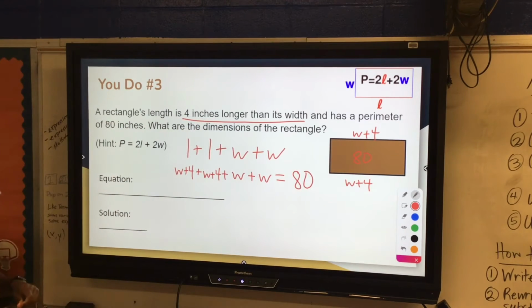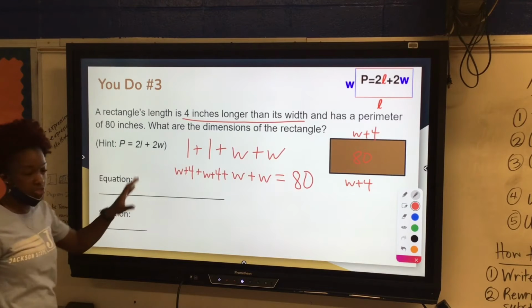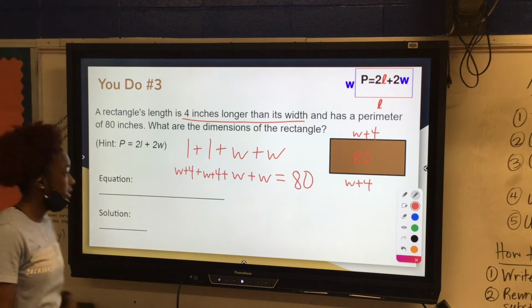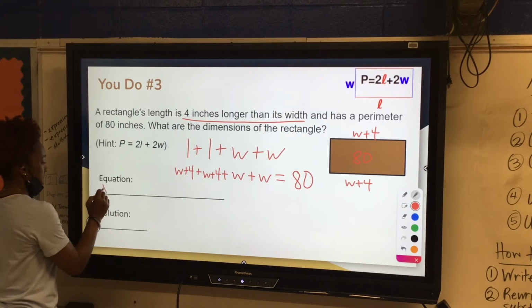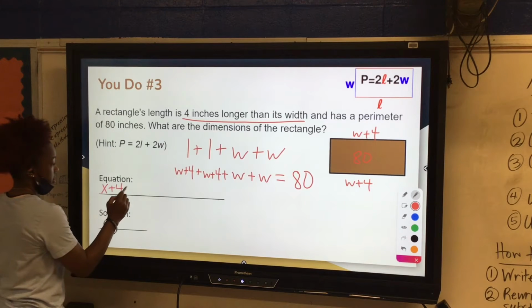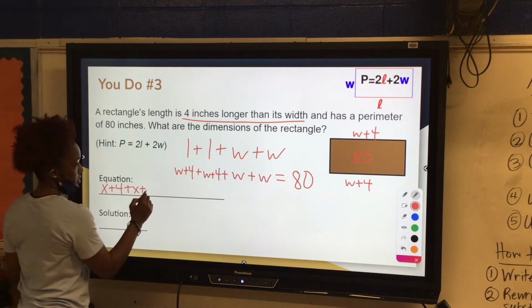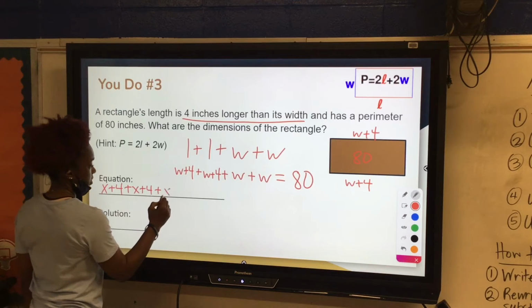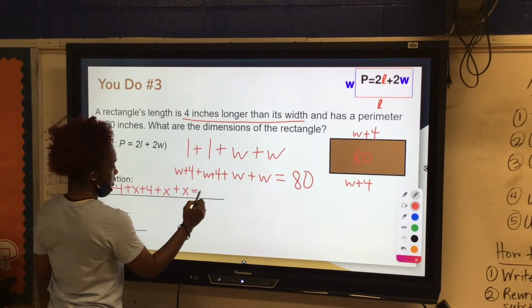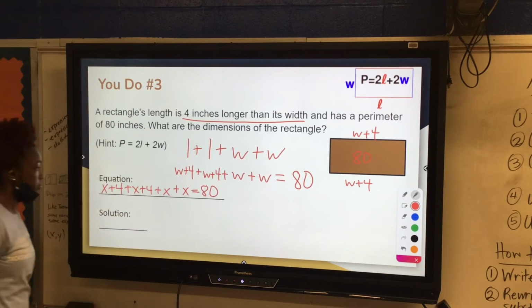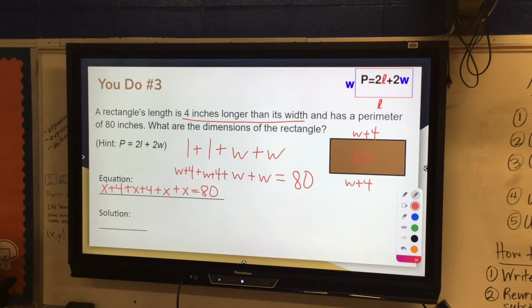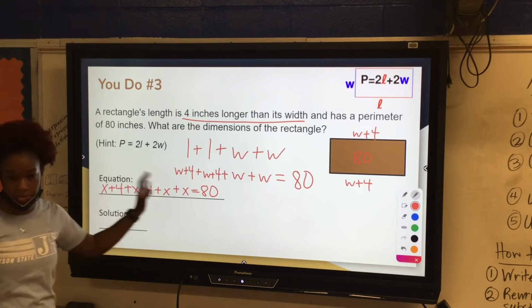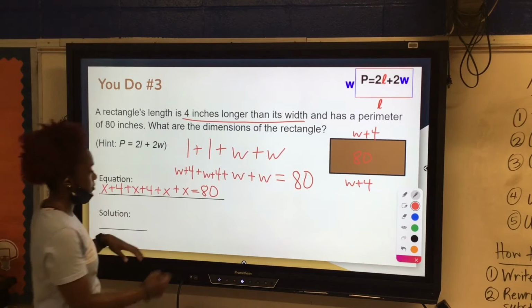Now, when we go and write the equation, we're going to change all of the variables to what? Numbers. X. So we got X plus 4 plus X plus 4 plus X equals 80. Right? Seems a bit long, but it's 4 sides.